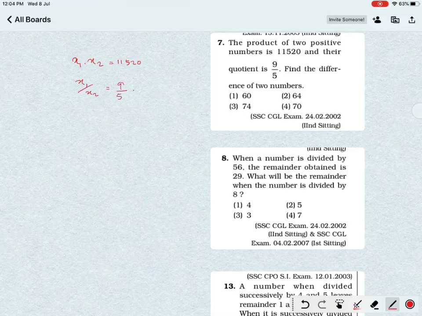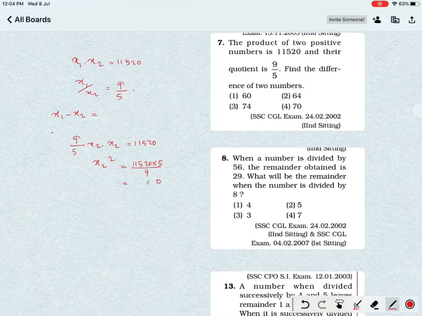We need to find their difference, x1 minus x2. Now x1 can be written as 9 by 5 x2, so 9 by 5 x2 into x2 is equal to 11520. x2 square is equal to 11520 into 5 divided by 9.